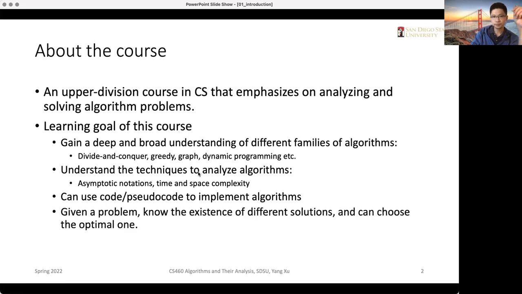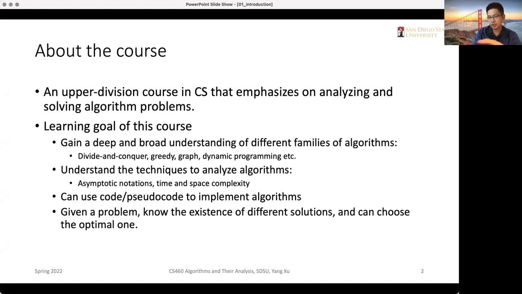All right. So lastly, after the course, after we have gone through the whole course, we wish you to have the capability of knowing several different solutions for maybe one of the problems.